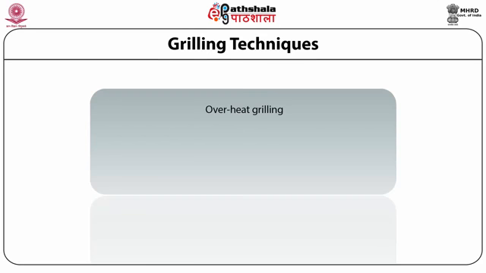Grilling techniques. Overheat grilling: food is placed on a rack or grill bars of a gas or charcoal grill or barbecue. The grill rack must be preheated and the meat lightly brushed with oil before cooking. Underheat grilling: food is placed under a gas or electrical salamander or heat element.